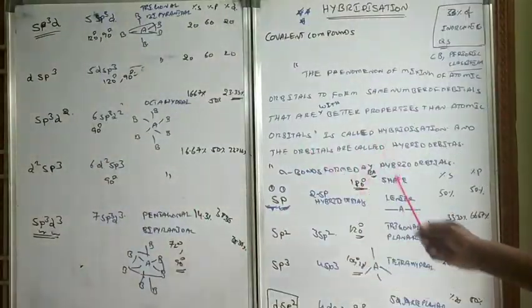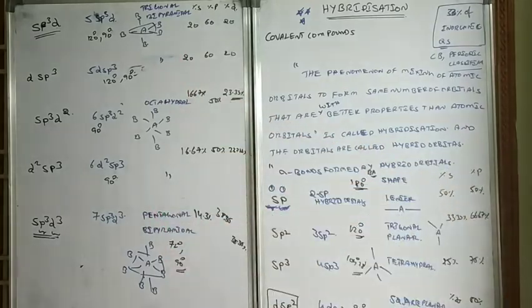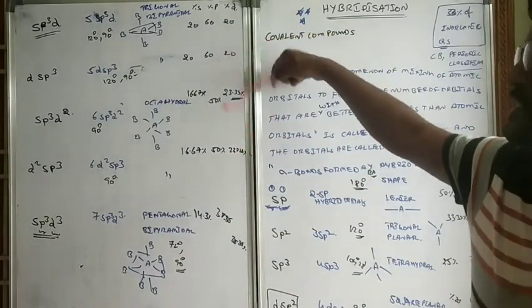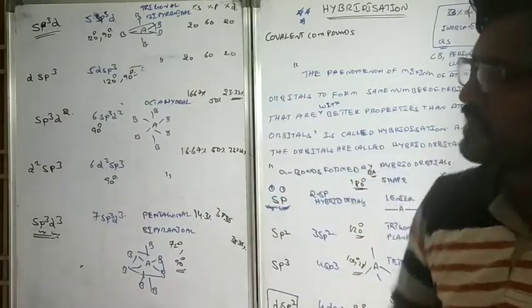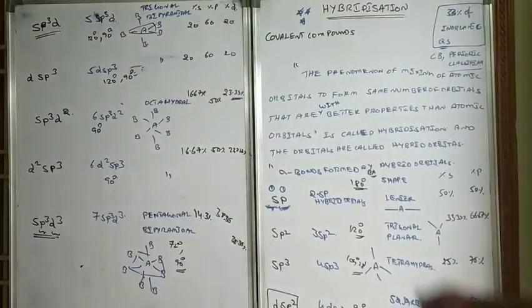What is hybridization? How many types of hybridizations are possible, what are the percentages of s character, what are the structures and what are the bond angles. Take this down for 2 minutes.